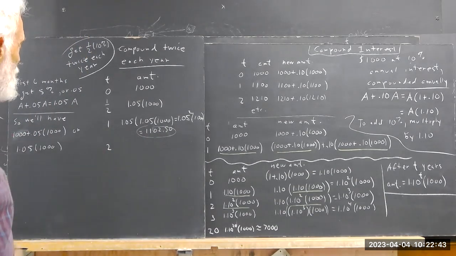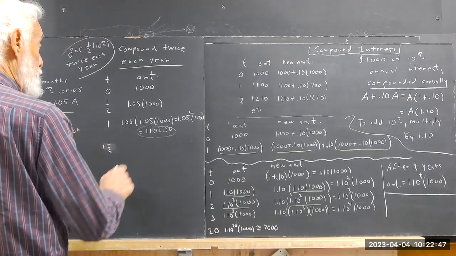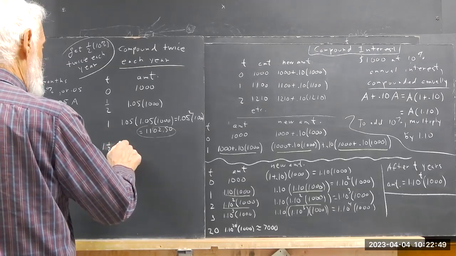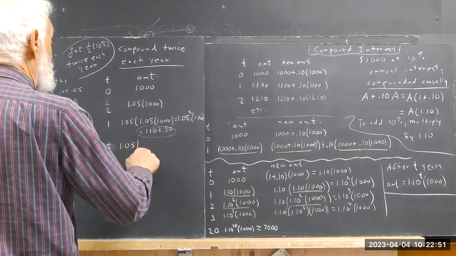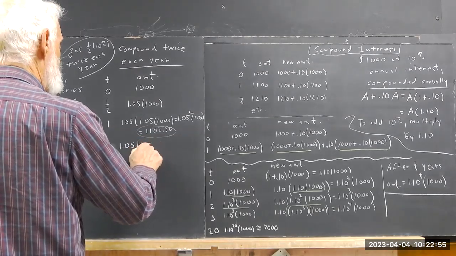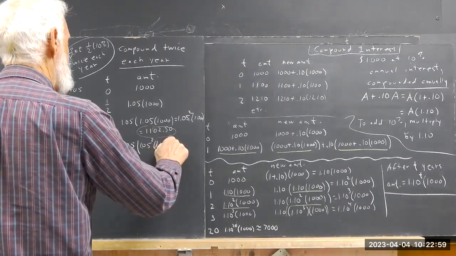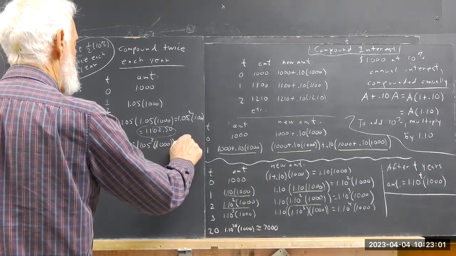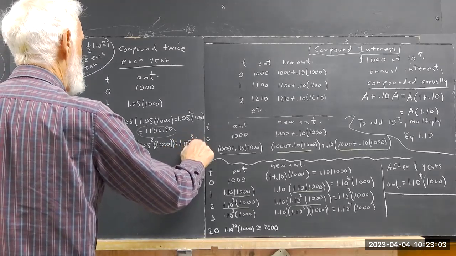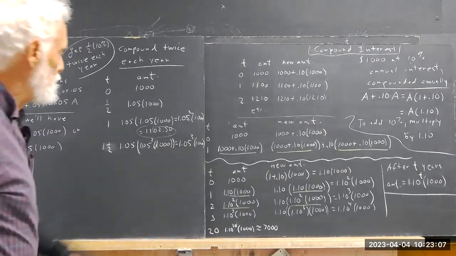But anyhow, after a year and a half, every half year you get to multiply by 1.05. So we get 1.05 cubed times 1,000.